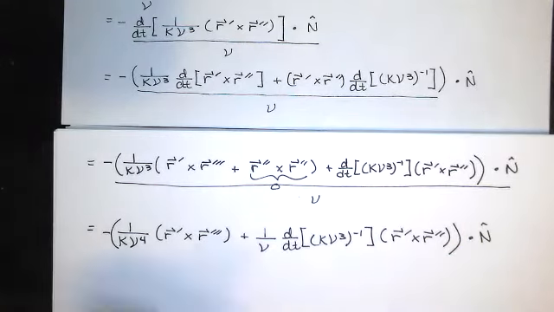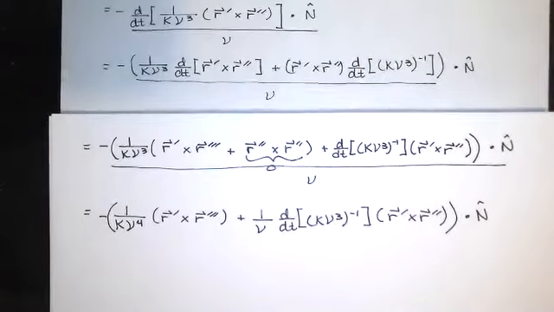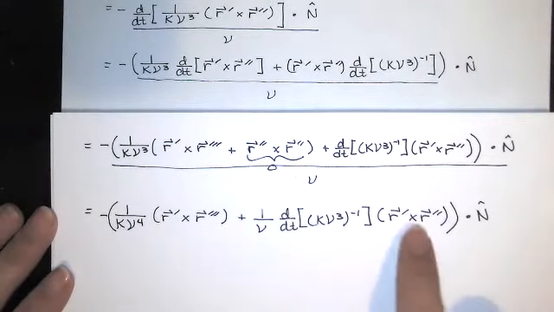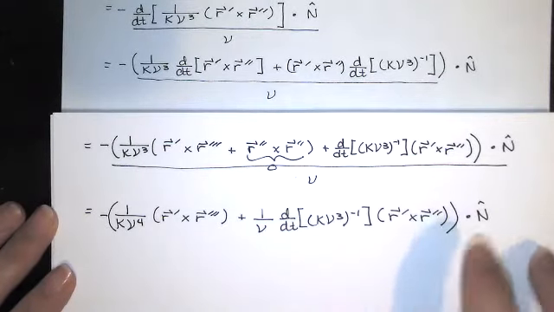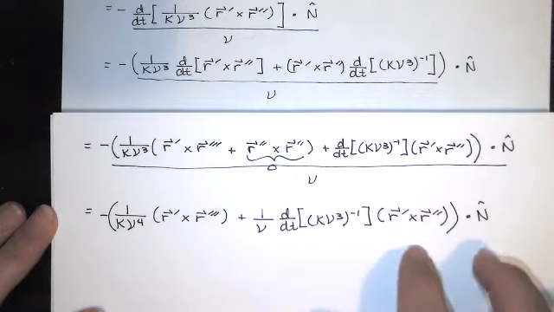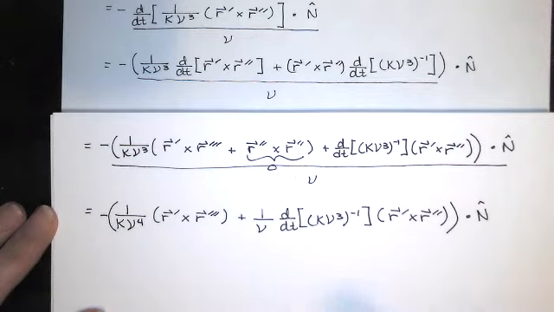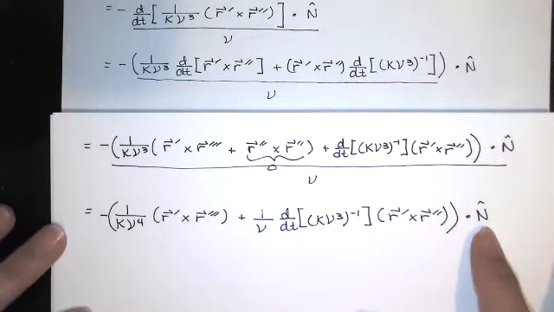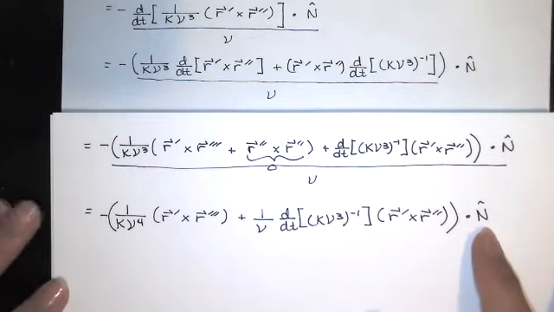Now, if I want to dot this with n hat, it would be helpful to write n hat in terms of R prime and R double prime, since we would have a lot of cancellations, since we know how R prime, R double prime, and their cross product should be related to each other. Just having this as n hat isn't as insightful as having n hat written in terms of other functions.